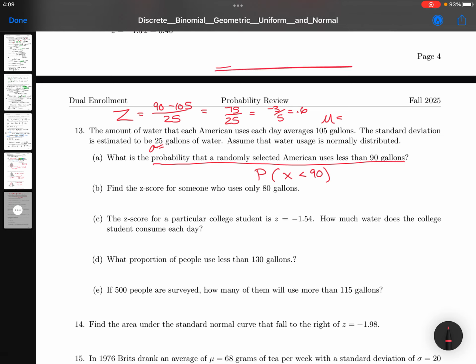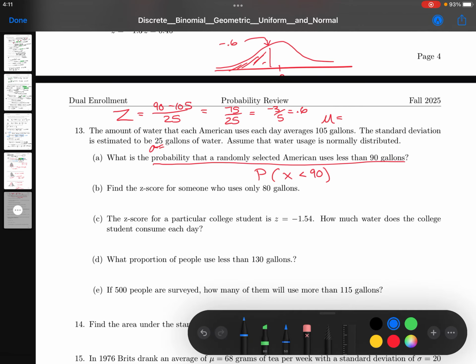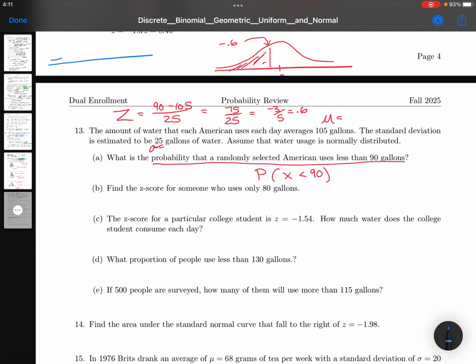So just to give you an idea, if you put 0 in the middle, you want the area from negative 0.6 to the left. If you're actually talking about water, same curve, you just put 105 and 90 here.